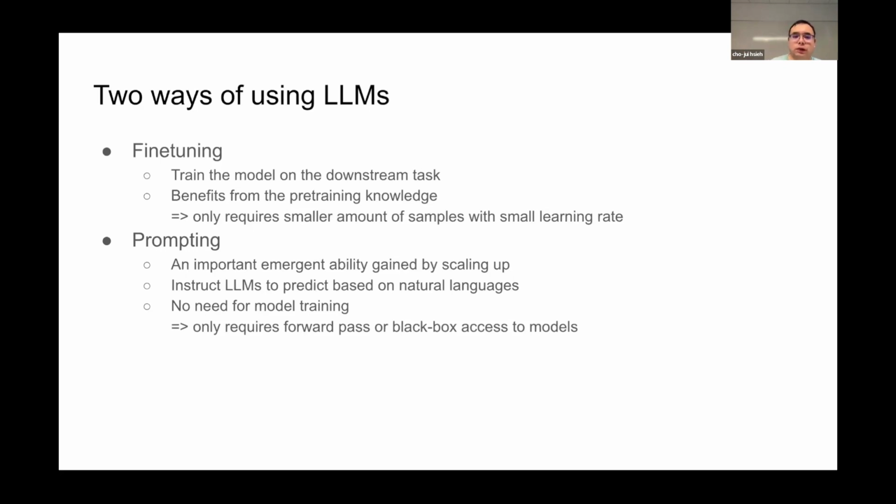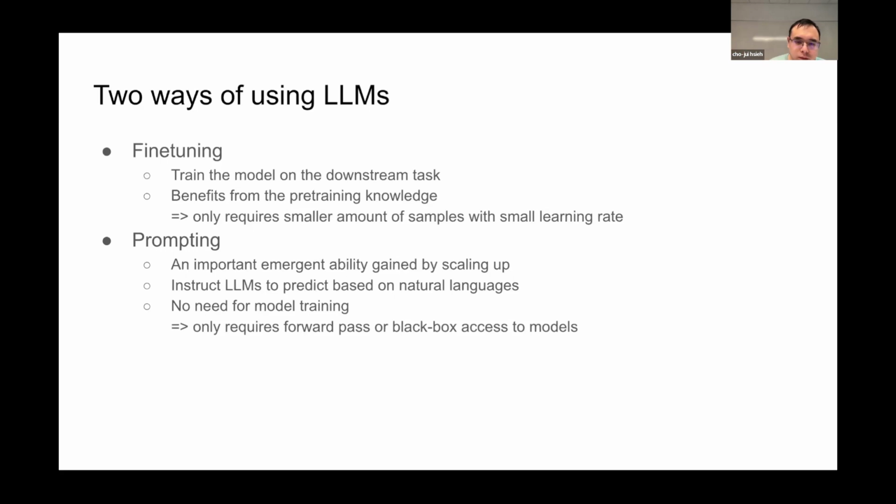We are able to use prompting because of the emergent ability: language models up to a certain size become able to understand the instructions, what you want to ask and what task you want to do. So you can tell the language model what you want to do through a natural language prompt, and then it can do many different things without any training.